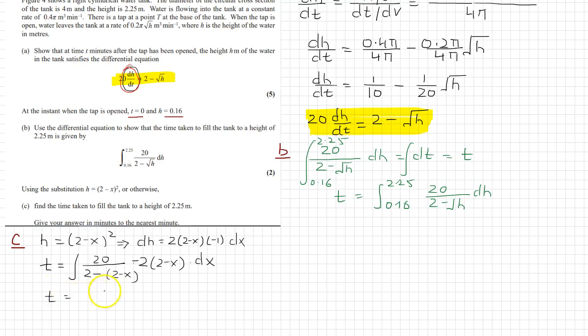So t is equal to minus 40 times 2 minus x over 2 minus x, integral of this dx.